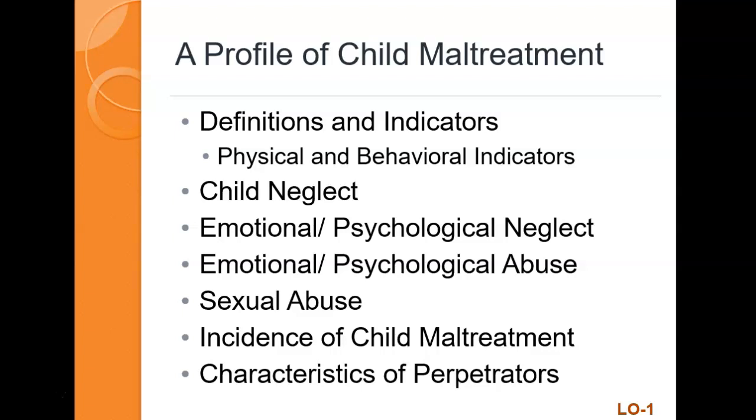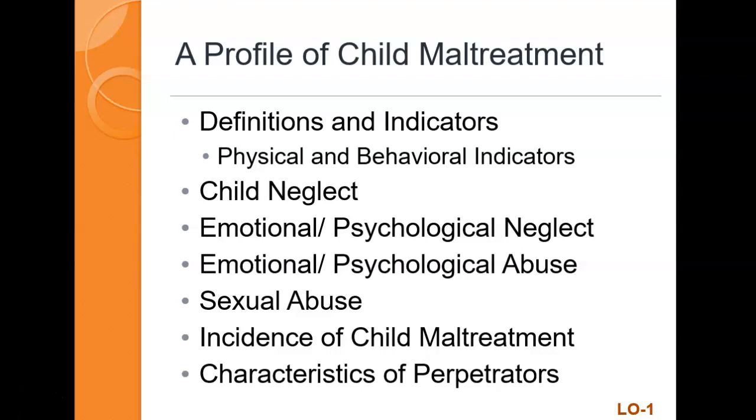We don't know the full scope of child maltreatment, as a lot of it is underreported or not reported at all. So even though we have statistics related to child maltreatment, we will never know the full scope. However, we do have some statistics.